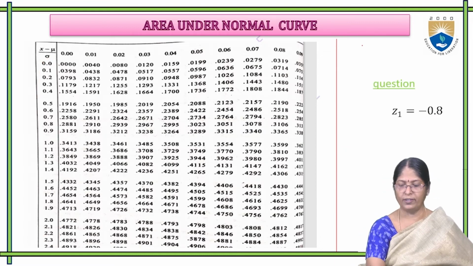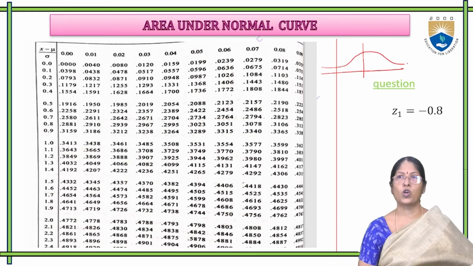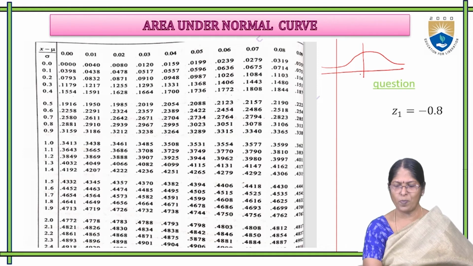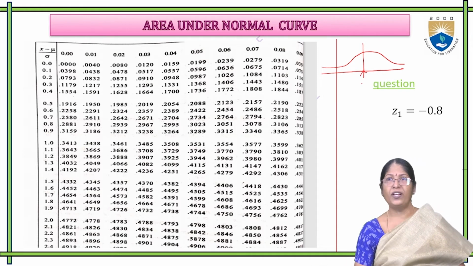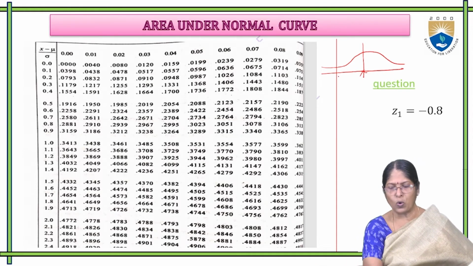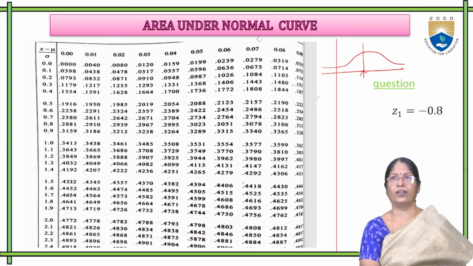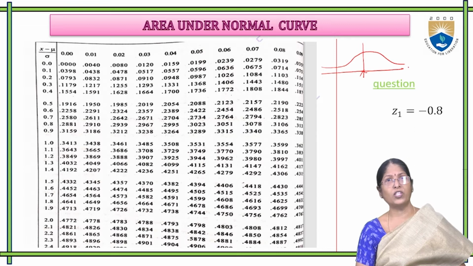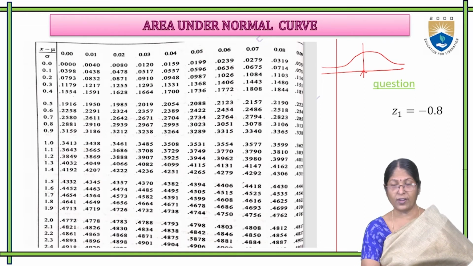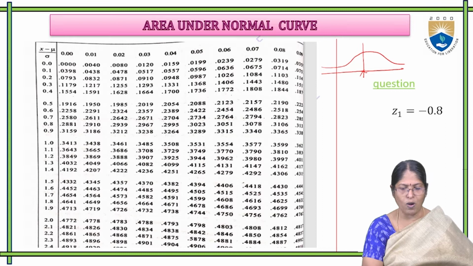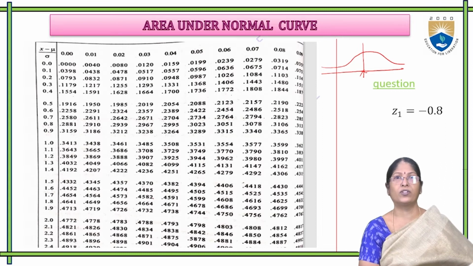The logic is, this is our normal curve. In the normal curve, if it is negative, we will plot on the left side. If it is positive, we will move to the right side. The total area is 1, so all the areas are written as positive.